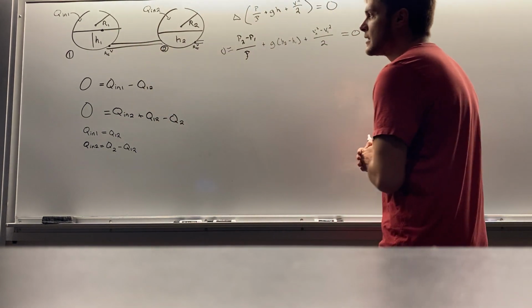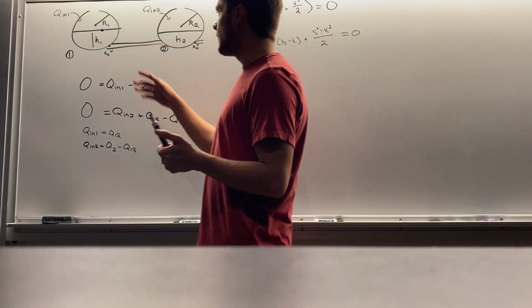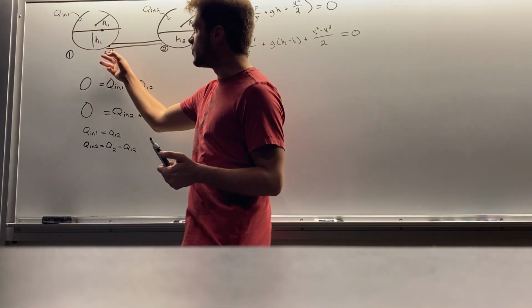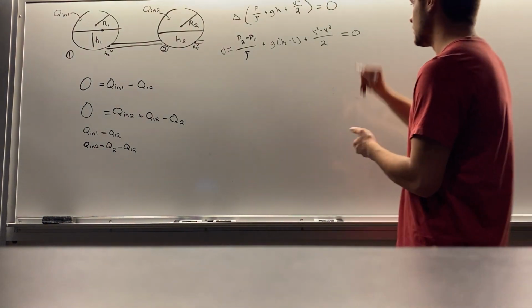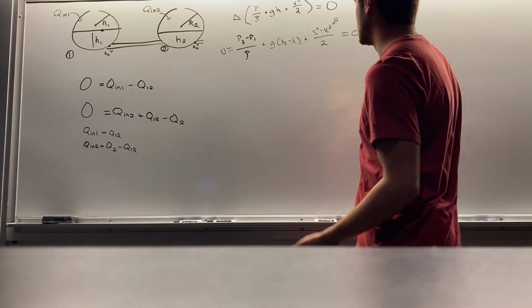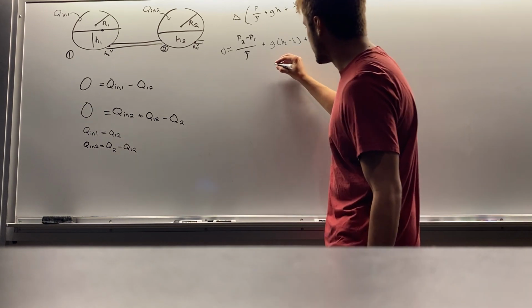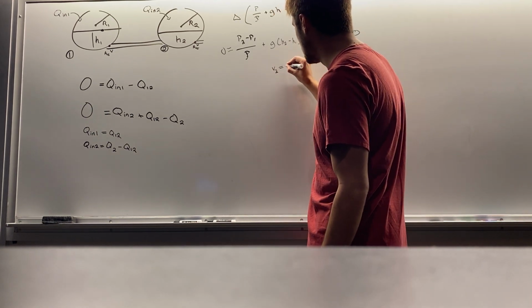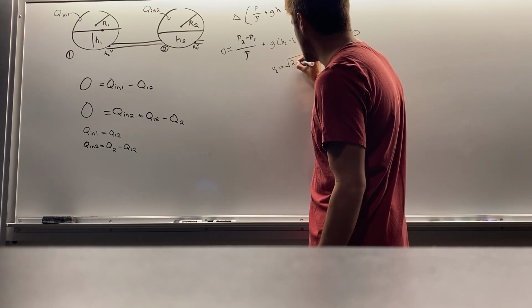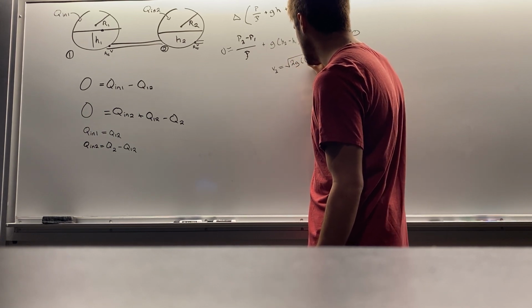Well, since the cross-sectional area where this point is so much bigger than this one, we can just assume the velocity is 0. So that makes it easy. We can just quickly rearrange it and solve for V2, which is going to equal the square root of 2g times our change in height.